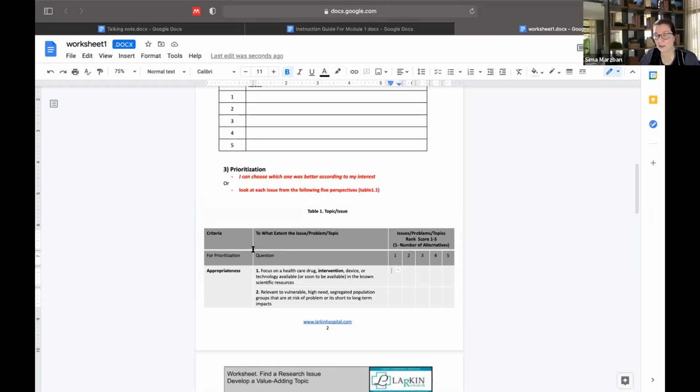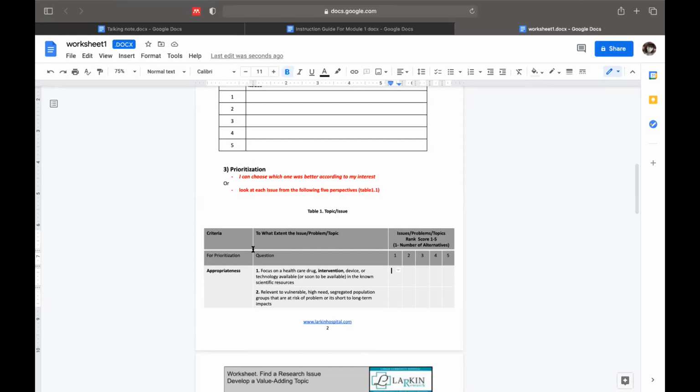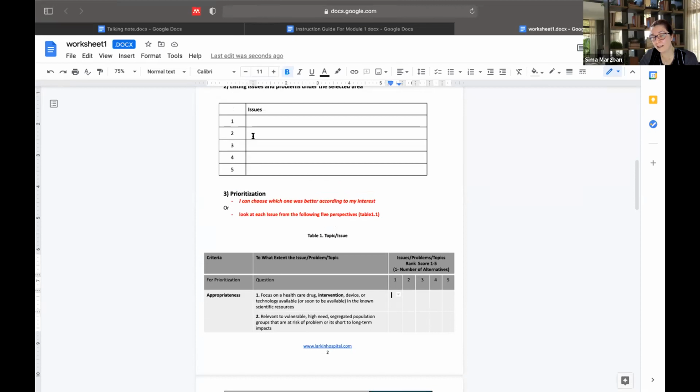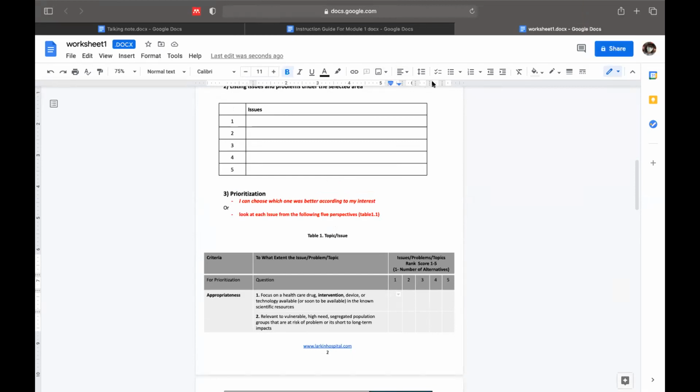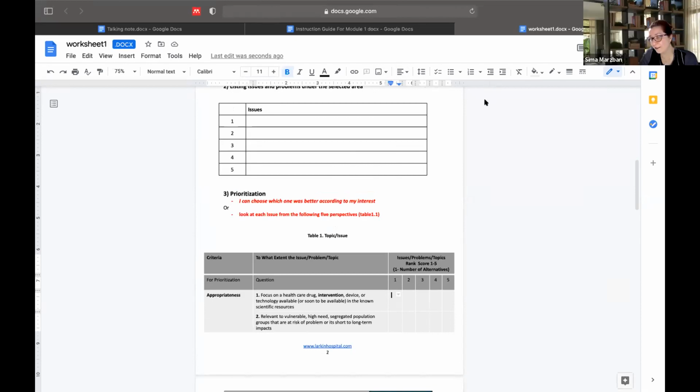The previous system was 1 and 0, but we changed it to the nominal group methodology. You can search it online for more clarification. But for each row, please score from 1 to 5. If the first alternative is the most important, put 5 here. If the fifth alternative is the least important one, please put 1 here.